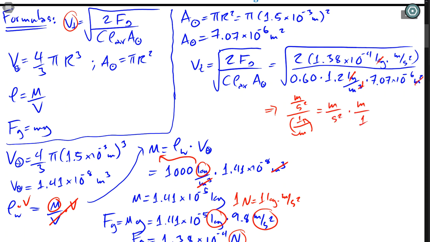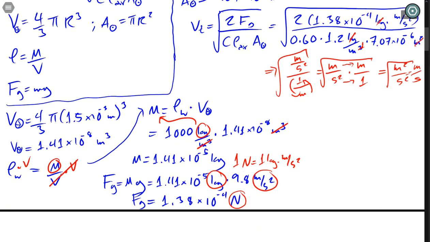You have to be careful because this is going to give me, just multiply across, meter squared and second squared. And that's all good because all of this is underneath a square root, which gives us exactly the units for terminal velocity. It gives us meters per second. There we go. The units should all work out.